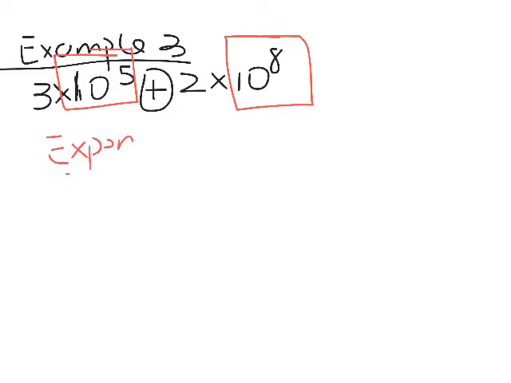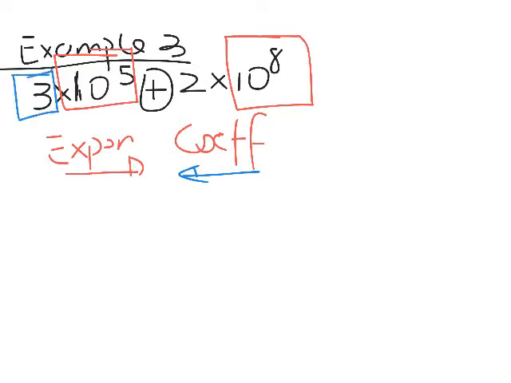If we increase the exponent, that means the coefficient is going to decrease. The exponent is going to increase, and the coefficient is the one that's going to decrease.